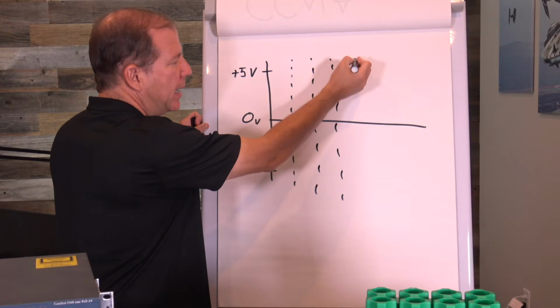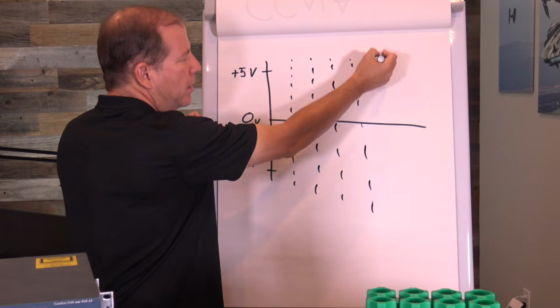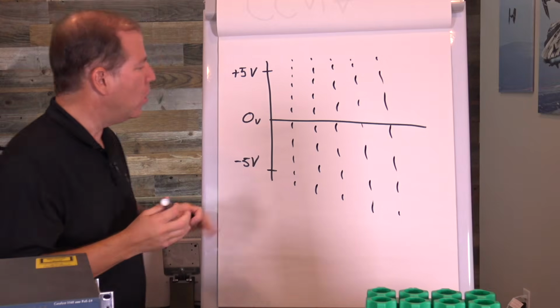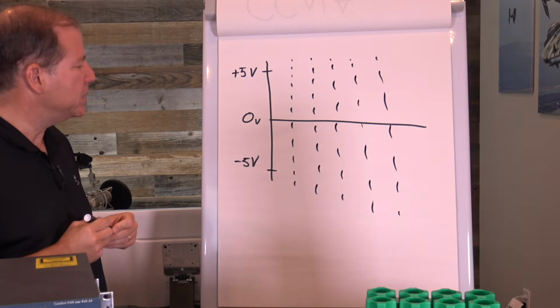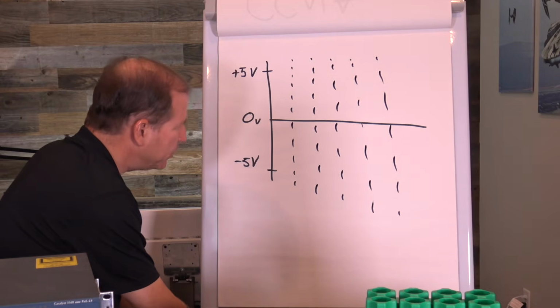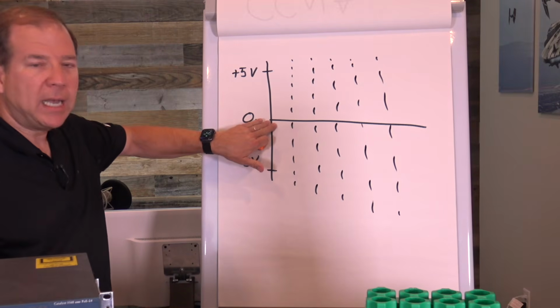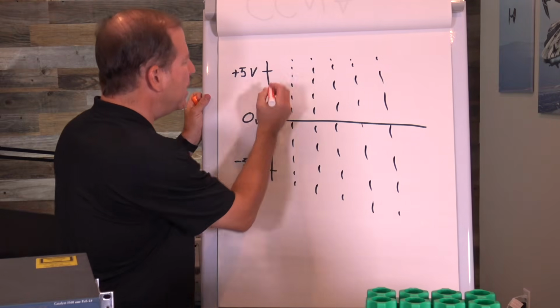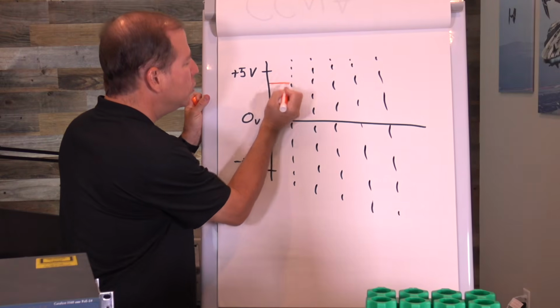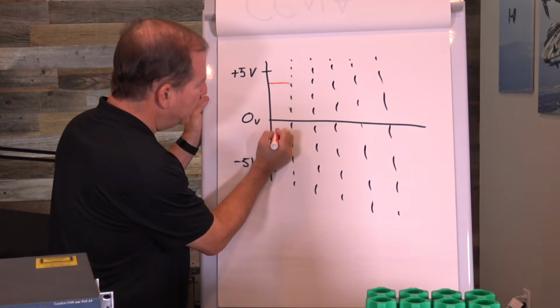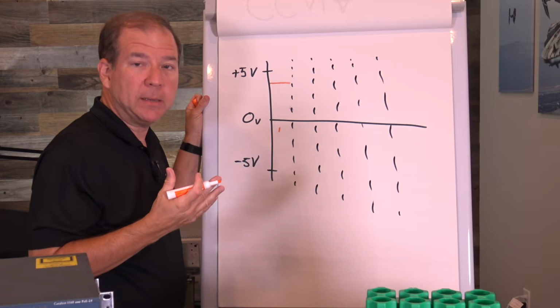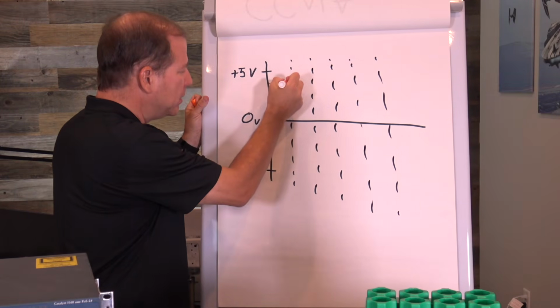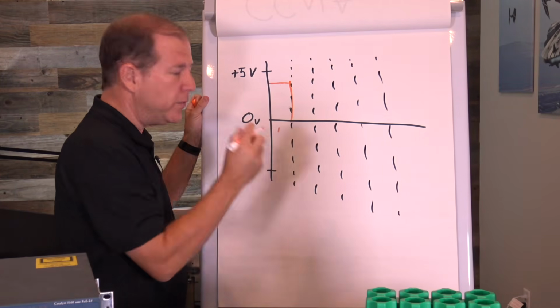We'll talk about clocking and how the sender and receiver know when one time slot starts and when the other one stops. But let's say that we want to represent some data. In this first time slot, we can give a positive voltage to represent a binary 1. So it's going to be a 1. And let's say in the next time slot, we want to represent a 0. So we drop down and we send 0 volts.